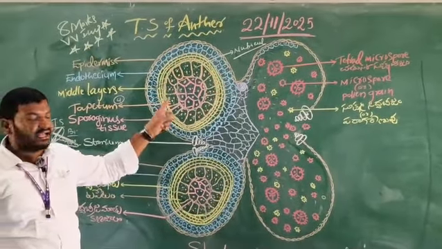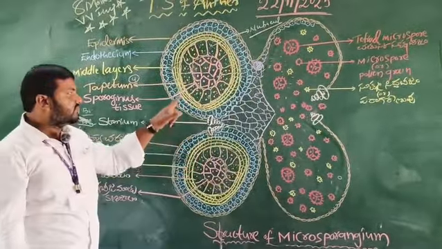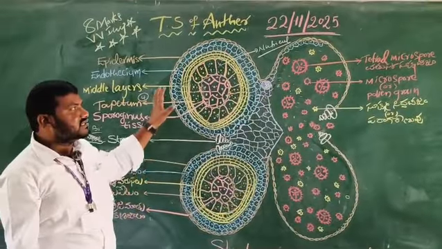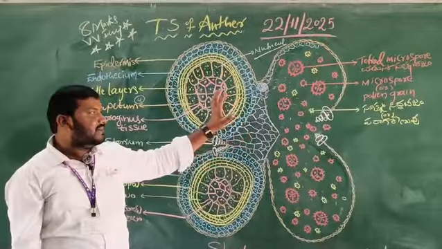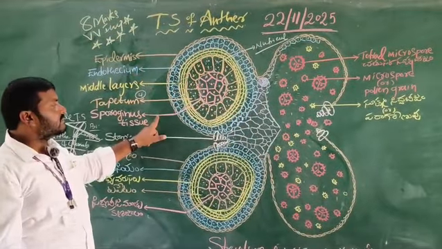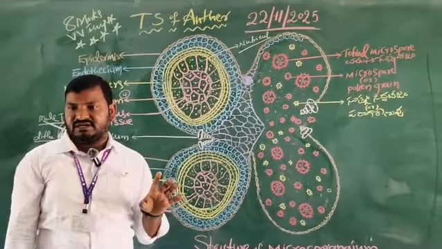The tapetum supplies nutrients to the sporogenous tissue. So these are the four microsporangium wall layers. This topic is very important for your 8 marks question.